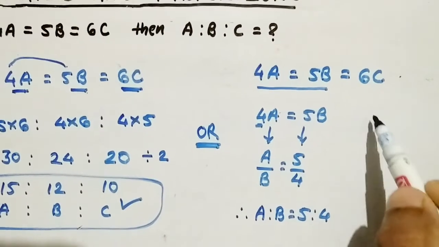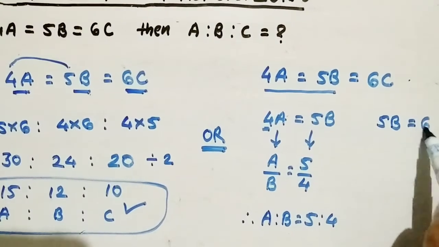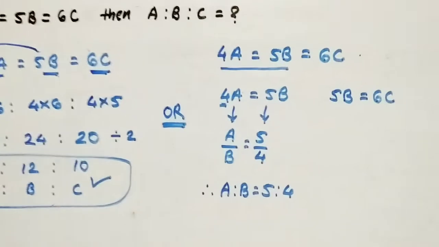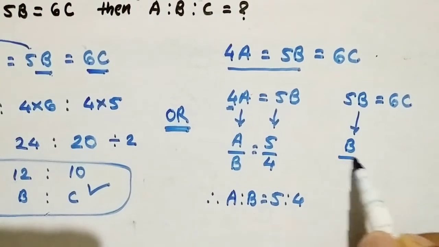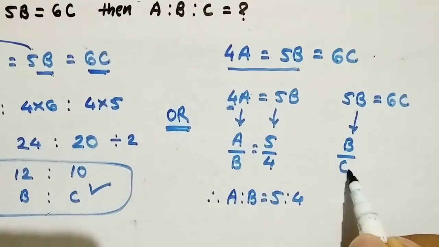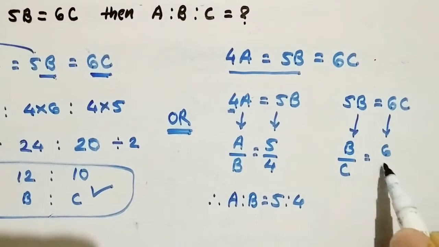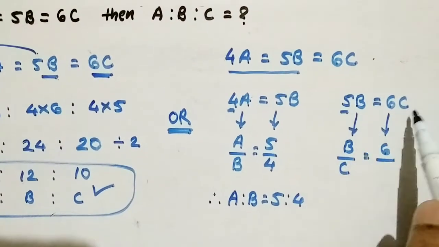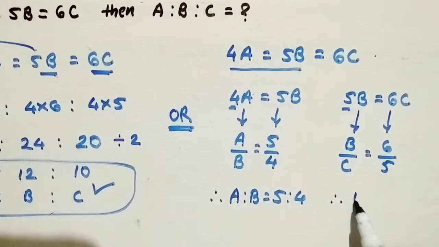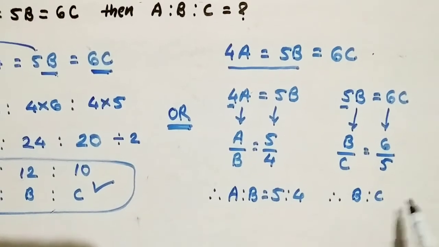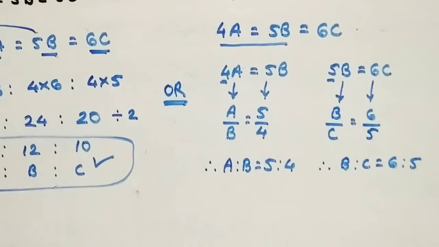Okay, then 5b compared with the c term. So b as it is and c moves to the left side, and 6 as it is, and 5 is moved to the right side. So I can write here b is to c, that is 6 is to 5, right?